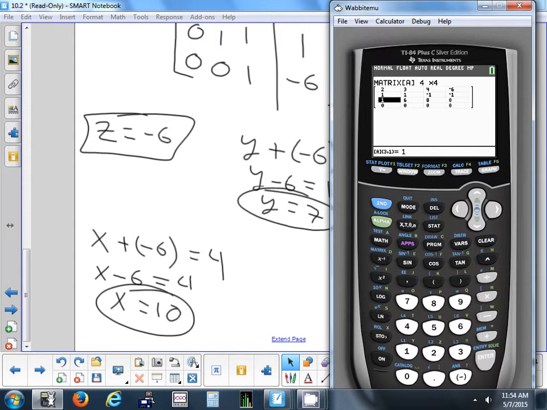The graphing calculator doesn't deal with multiple solutions and no solutions very well. Okay, not this method. Let's see. So 24, negative 12, 4. Negative 3. And the last row is 8, 8, negative 4, negative 3. Okay, so there's our coefficient matrix.